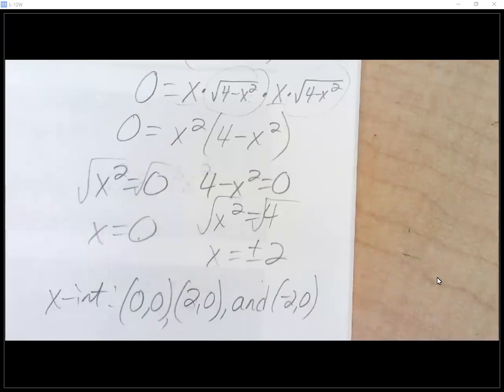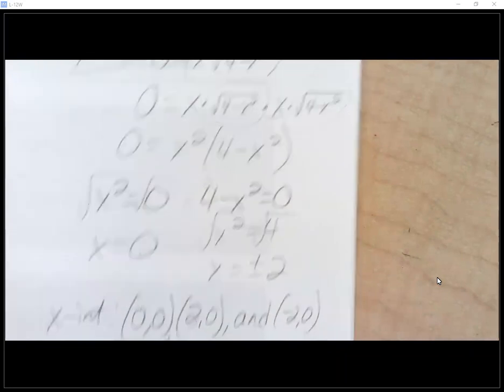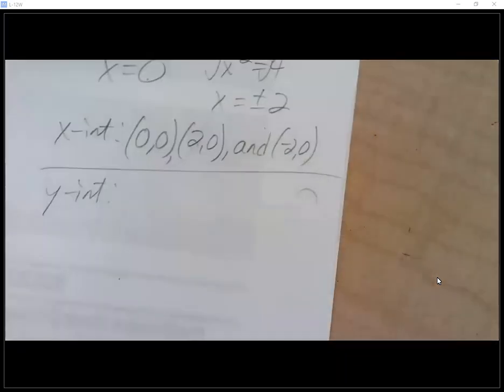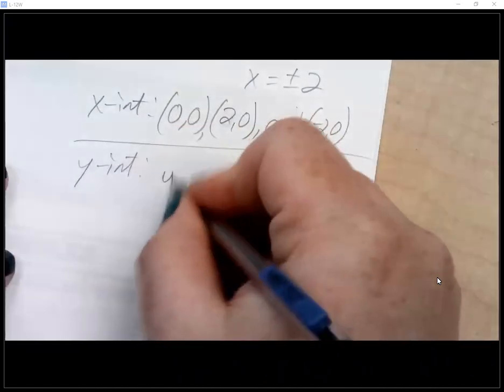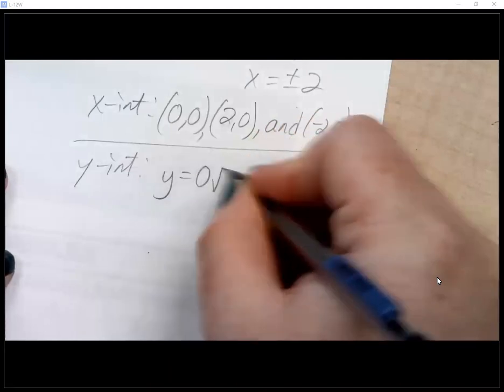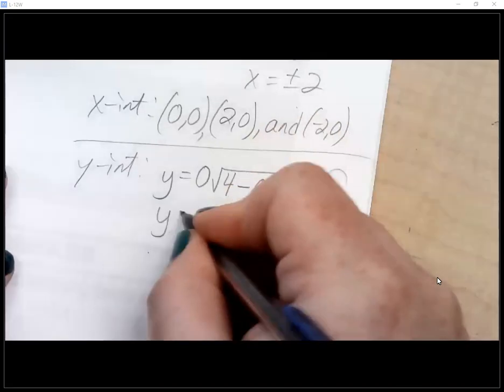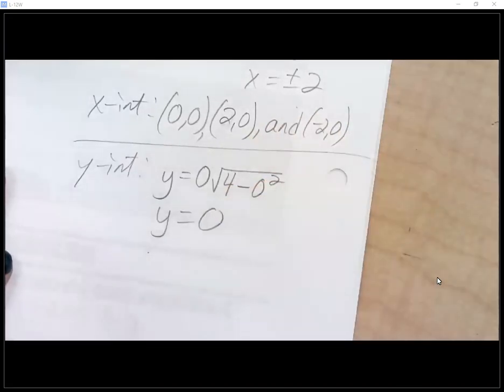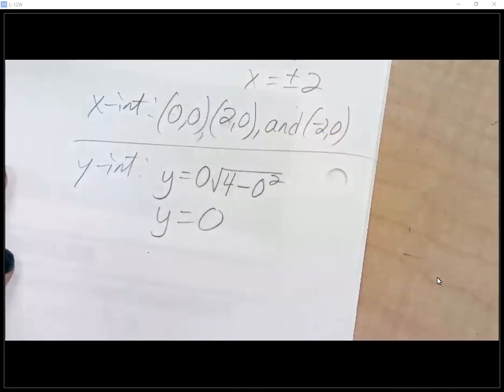So when I go to do my y-intercept, plugging in a 0 for x, Y equals 0 times, you don't even have to keep going because 0 times anything is just 0. Which makes sense because I already knew it was going to cross the origin. So there we have it.